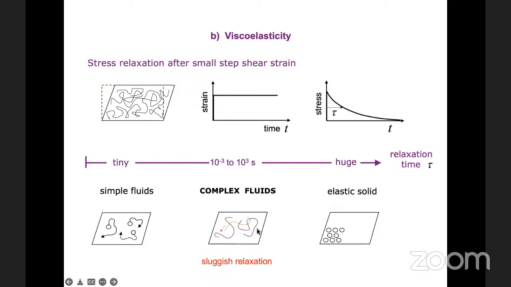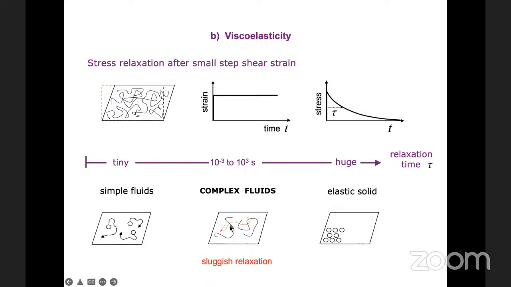The key thing about these complex fluids is that the relaxation time is typically sluggish and commensurate with human observation. For example, a second, but it can be much shorter than that, or much longer; it's typically on a timescale that we humans can watch comfortably. Now, where does that timescale come from? Just as in a simple liquid such as water, where the molecules are rapidly jostling around under Brownian motion, so also in these complex fluids, the suspended mesostructures, the polymer chains or the rod-like molecules, are constantly reconfiguring under the influence of Brownian motion.